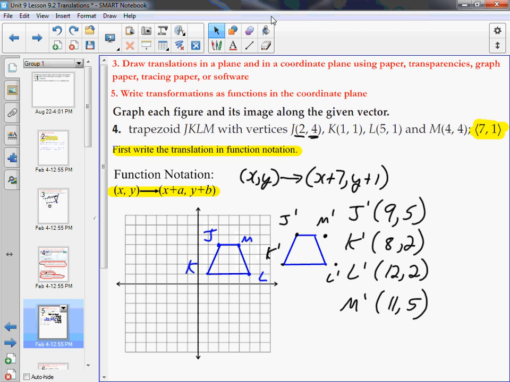So I was a little off on my M prime and L prime, wasn't I? All right. Questions? You okay with the function notation? You okay with what to do once you have the function notation?